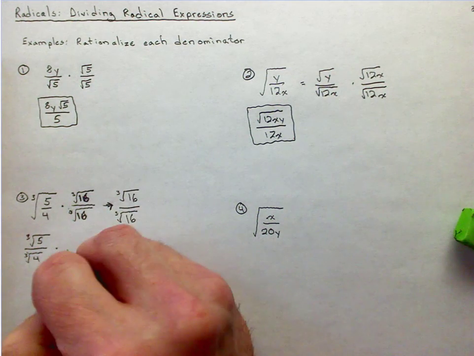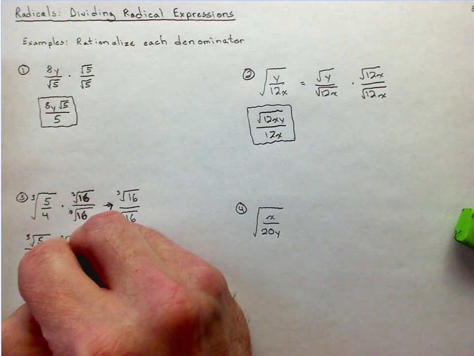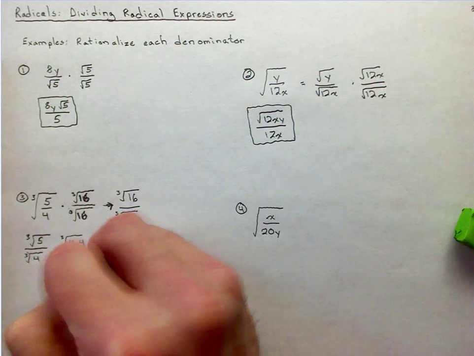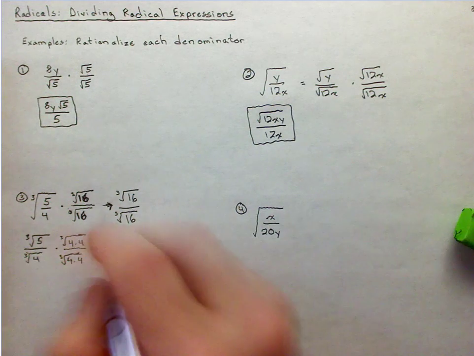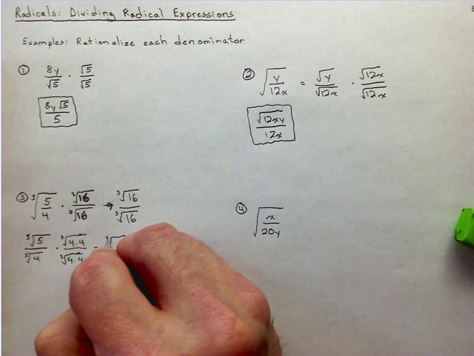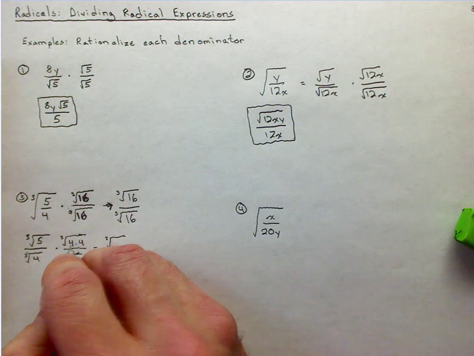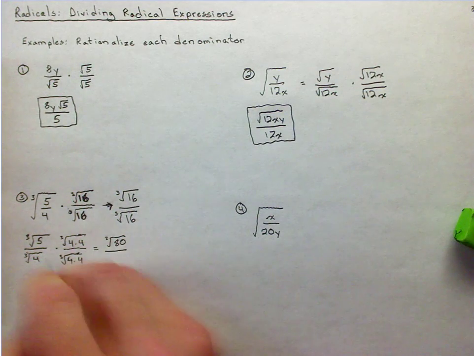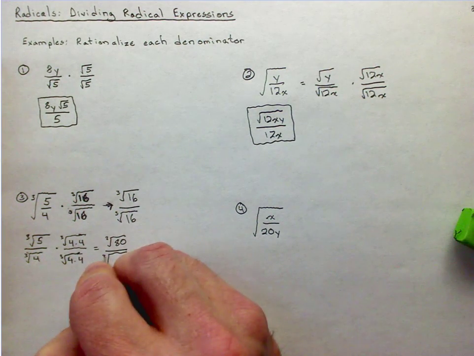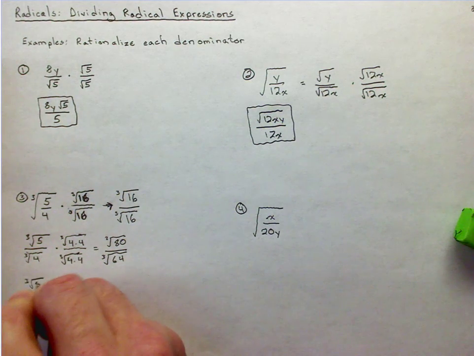So you can see I need those 3 4s. I will say 5 times 4 is 20, and 20 times 4 is 80, so the cube root of 80 over, well, this is the cube root of 64.